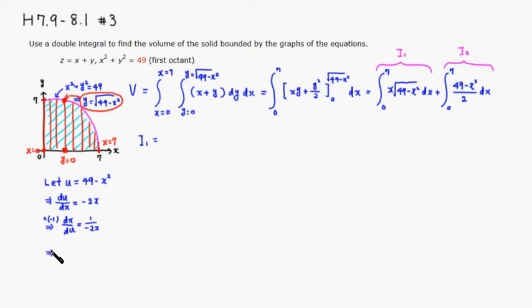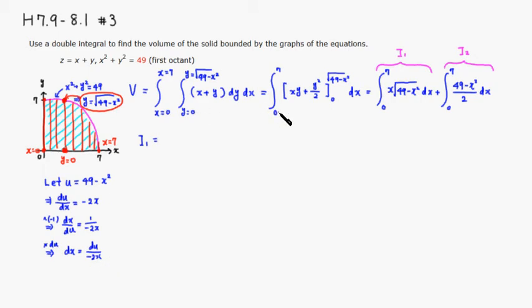Then multiply both sides by du, so dx is equal to du over negative 2x. All right.